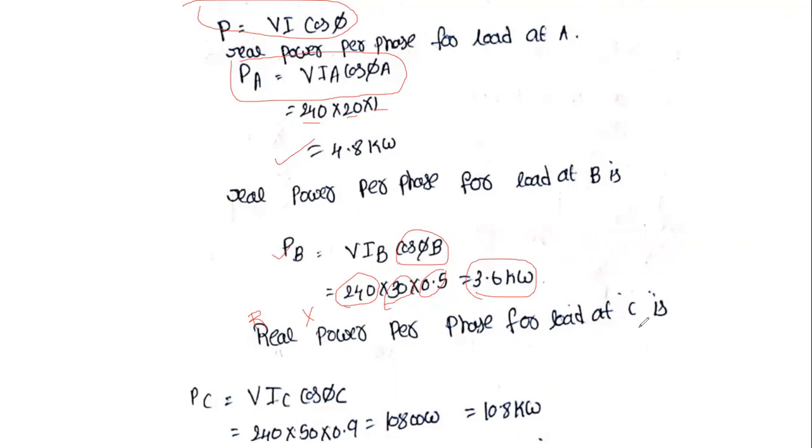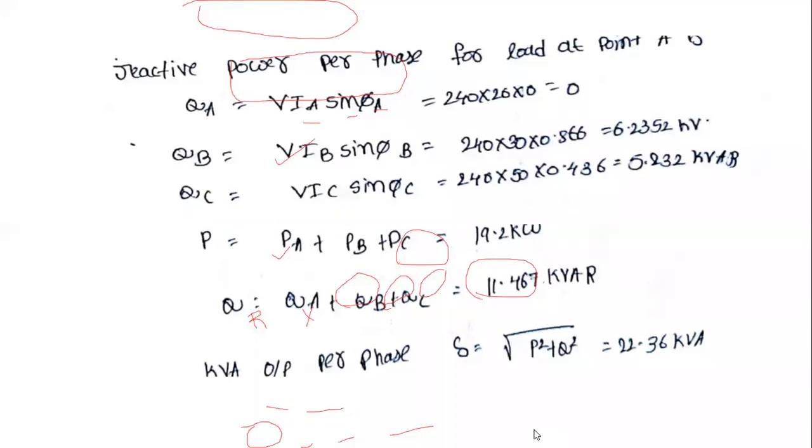Similarly, we calculate the real power at point C, that is VIC cos phi C. The voltage is 240 volts, the current at the C point is 50 amperes, and the power factor at C point is 0.9. This is the real power at point C. Similarly, we calculate the reactive powers.